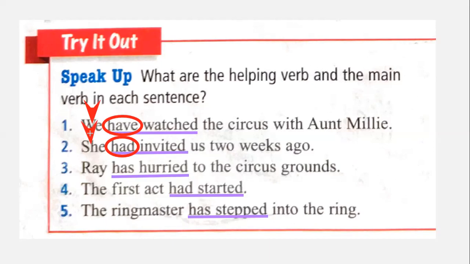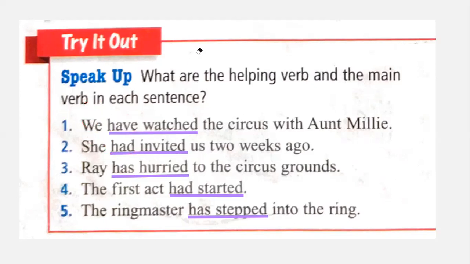Whoa, is that okay? Yes, it is, because rule number 3 says that with had, you can either use a singular subject or a plural subject. So she had invited us 2 weeks ago is correct. Okay? Let me erase this as I go along so that you know exactly where we are, right?